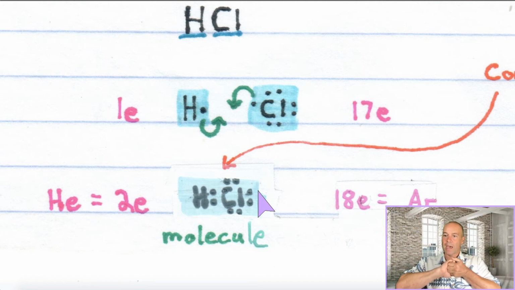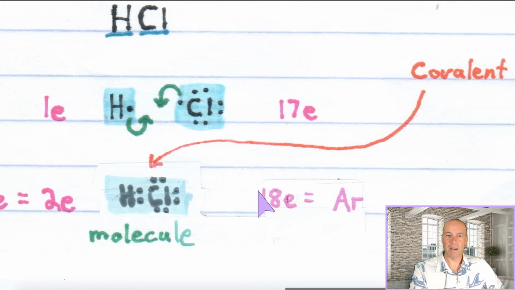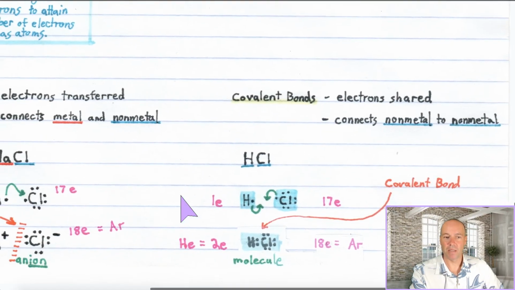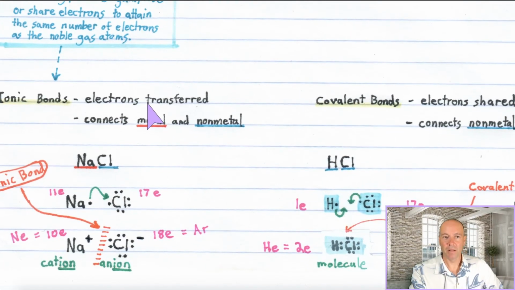When you have 2 atoms holding on to the same pair of electrons, those 2 atoms are linked. So a covalent bond is a sharing of a pair of electrons by both atoms. So they're both holding on to the same pair. Okay, you see the difference now?